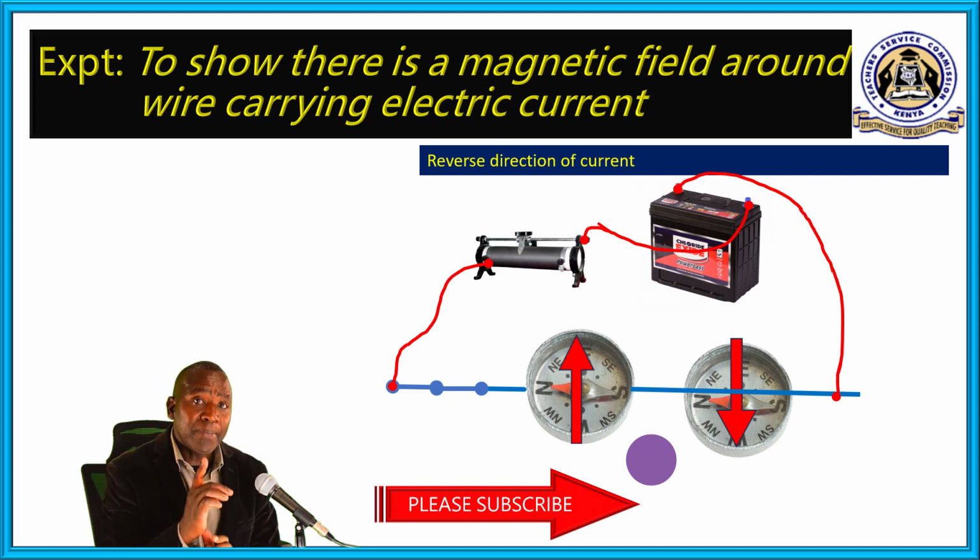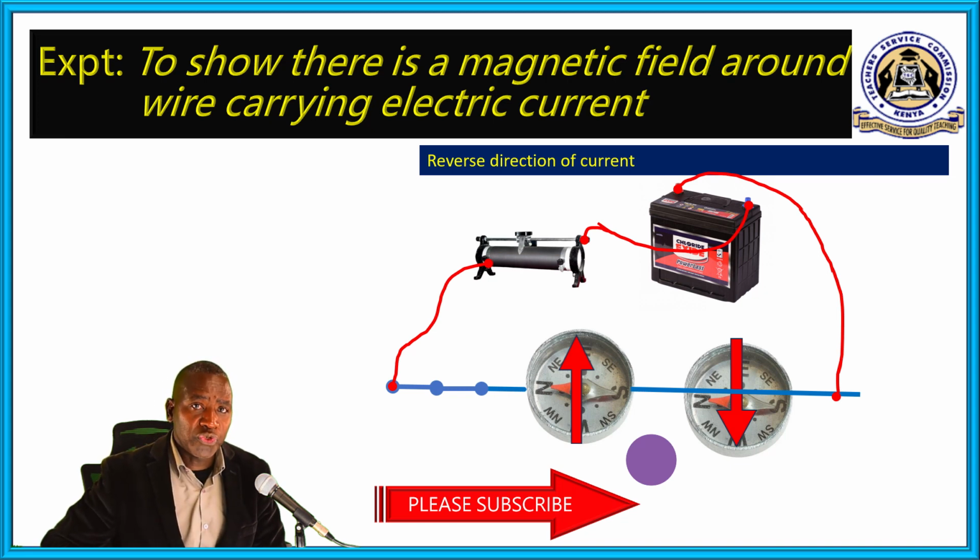And remember, the direction of the pointer of a magnetic compass shows the direction of the magnetic field lines. So we can tell that since the deflection of the pointers of the magnetic compasses has been reversed, the magnetic field lines have also been reversed.